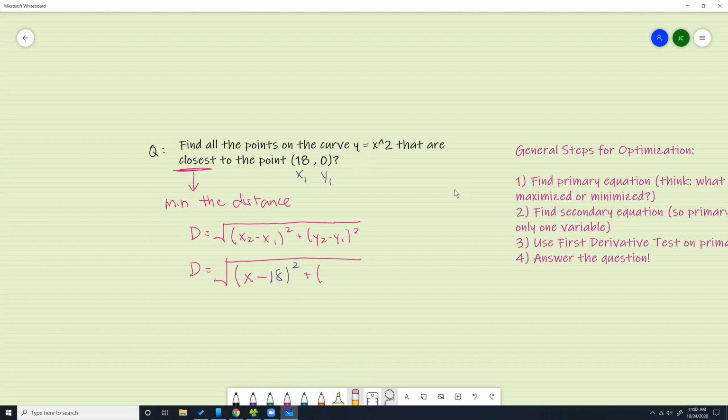Sorry, this equation should have been y2. So I'll plug in x squared for y2 minus y sub 1 is 0. Okay, so now, let me just simplify some more here.